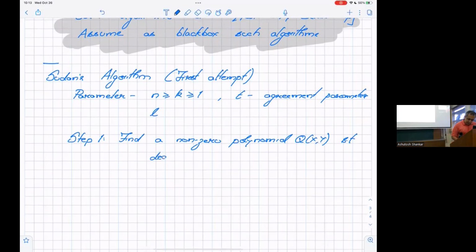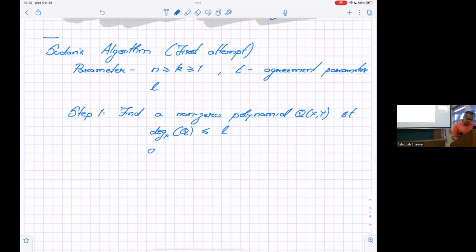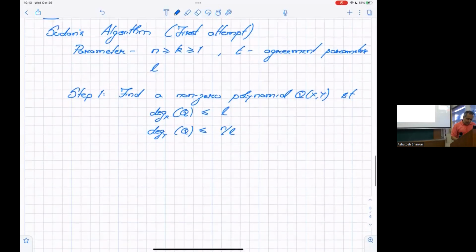The degree in x of Q is at most L. The degree in y of Q is at most n by L. It will be clear why we choose these parameters L and n by L, and later on we'll see further improvements there. And Q of alpha_i, beta_i is 0 for all i.